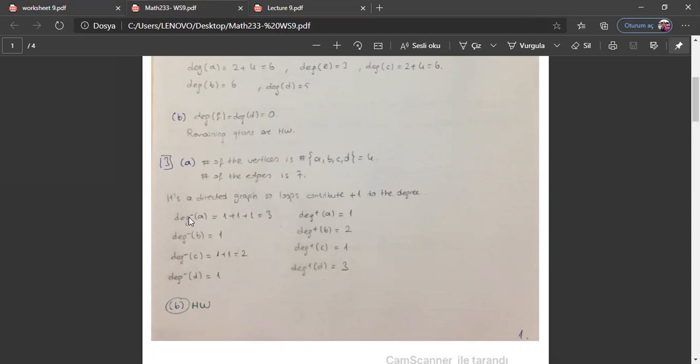We denote it by degree negative of A. I'm passing over the numbers of edges and vertices since they are so clear. So let's talk about these degrees.